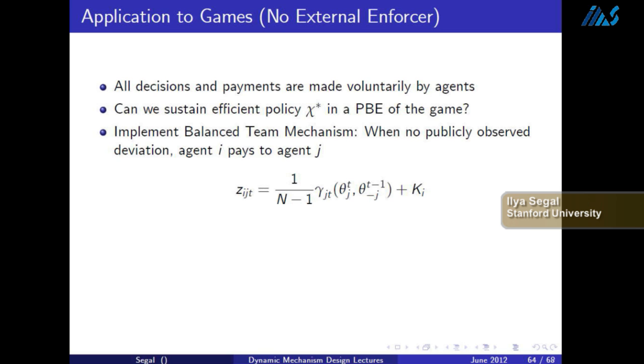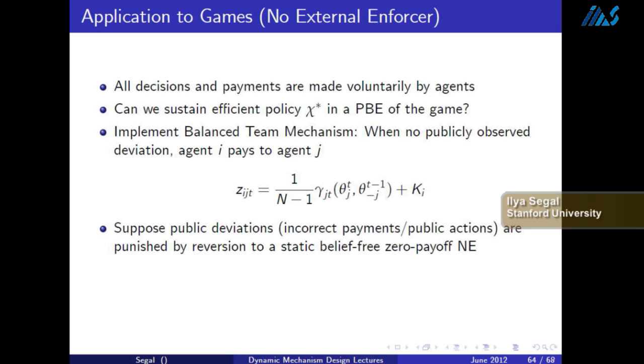Of course, this is not guaranteed to be positive, so you may have to add some constant to it, k_i, just to make sure that it's positive. So there are some constants that you have to play with. Then you have to say what happens if there are some publicly observed deviations, for example that agent i just refused and didn't make the right payment.